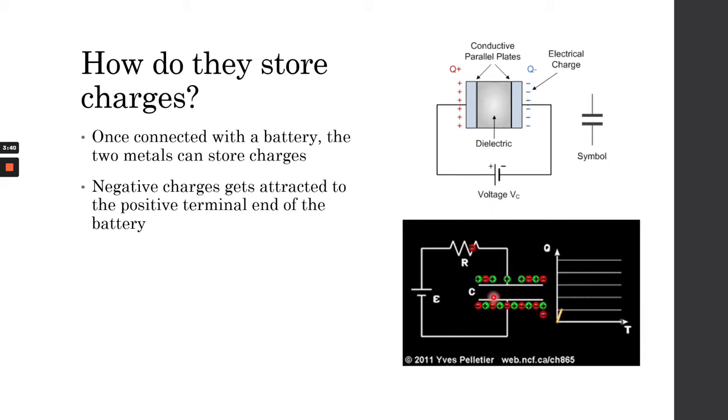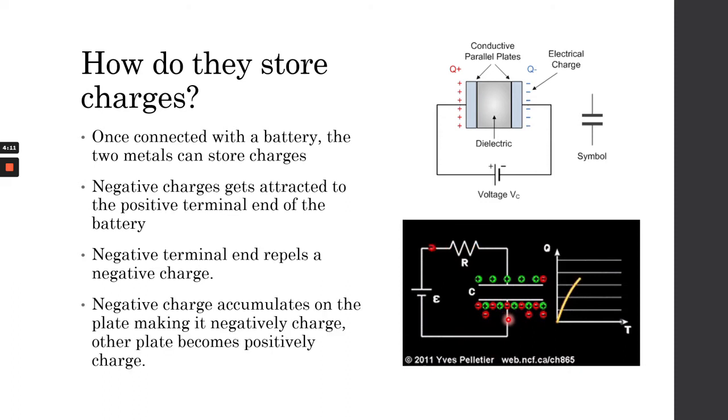So for example, in this moving picture, you can see this is the positive side of your battery and this is the negative side of your battery. If you notice, the negative charge from the plate moves as it gets attracted to the positive side of your battery. And then the negative terminal of the battery, this part, which is negative, repels the negative charge and it moves to the other side of the plate.